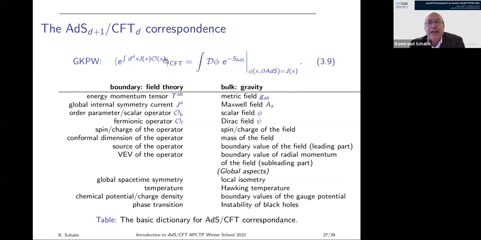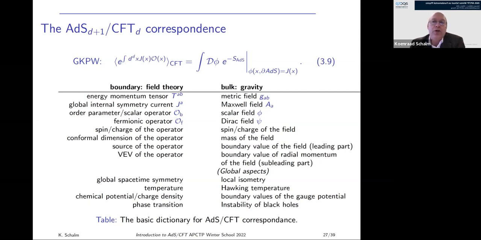And the identification is through the fact that the source for the operator O is equated with the boundary value of a corresponding field in ADS, where with the ADS boundary, we strictly mean this conformal boundary that you can see in the cylinder-like coordinates that cover global ADS.